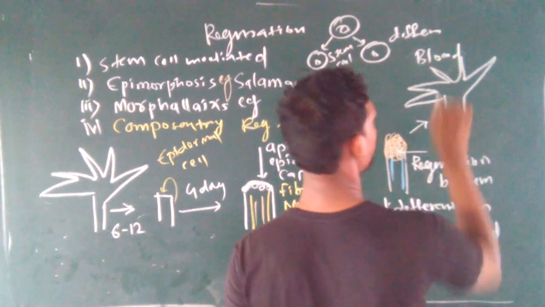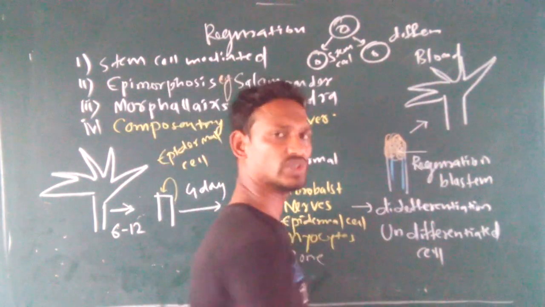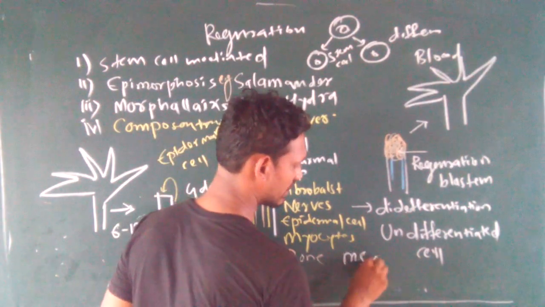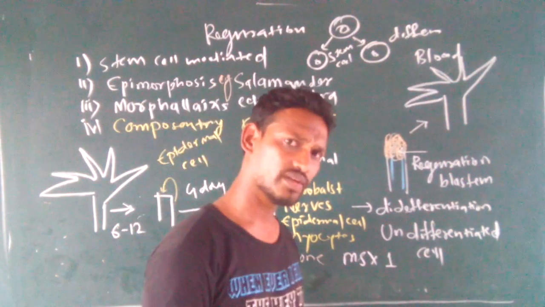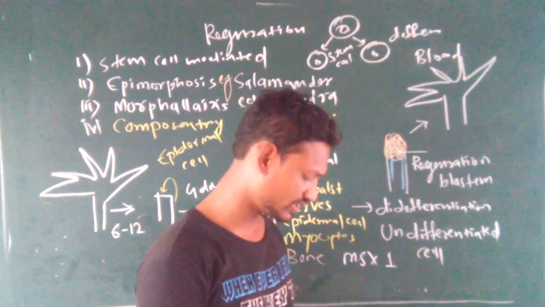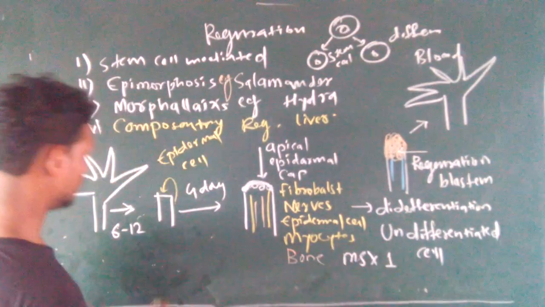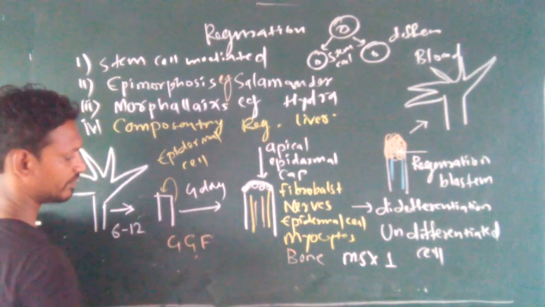regenerates a new limb. In the case of salamander, this takes place due to some genetic expression. For example, here the MSX1 gene is expressed that may help in the dedifferentiation, as well as there are certain factors like the glial growth factor.